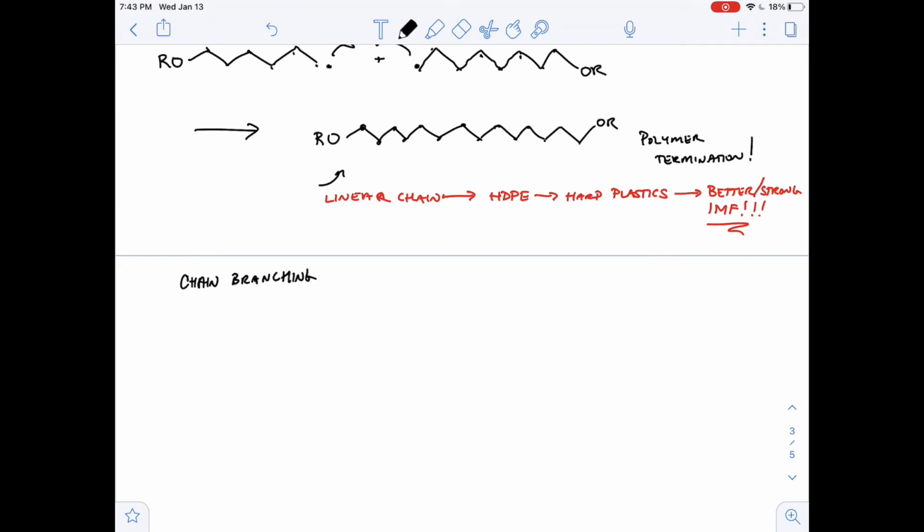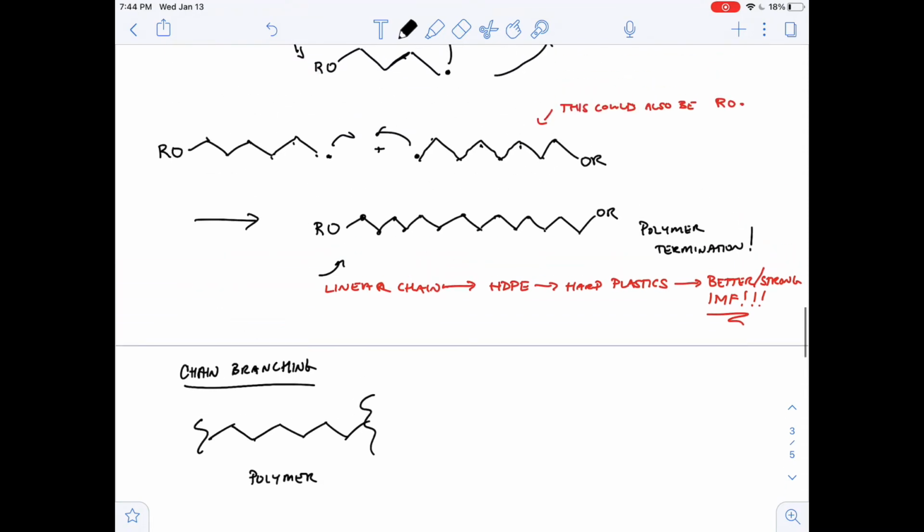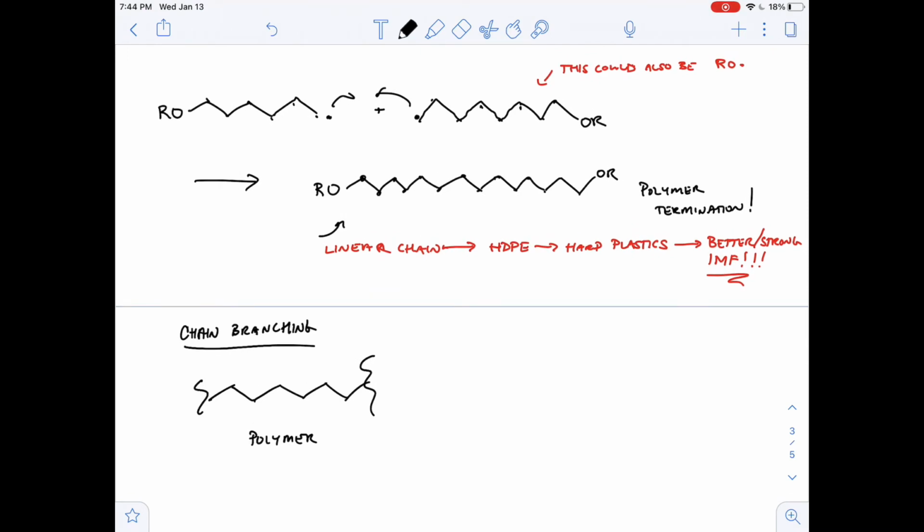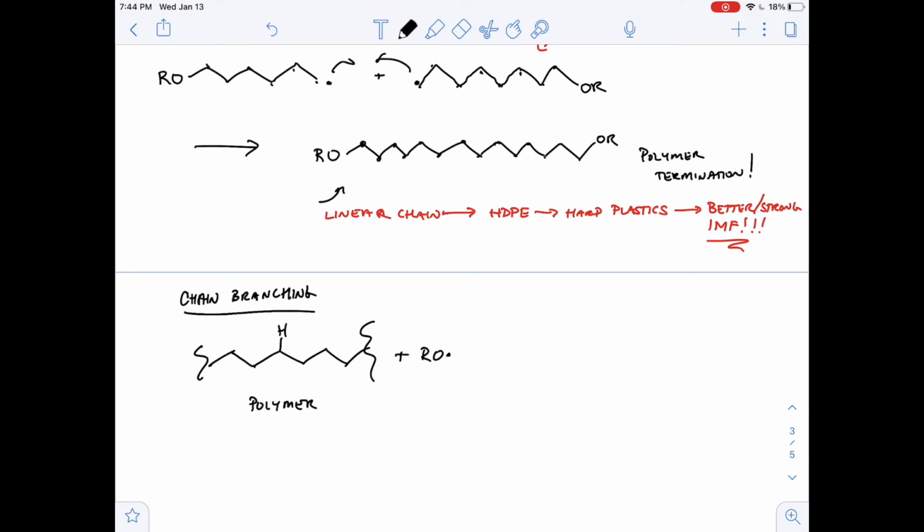But chain branching, on the other hand, will result in your low density polyethylene. So what is that, right? So let's say we had that polymer and it formed right here. I went ahead and cut it off on both sides just for clarity, but we got a hydrogen here, right? And we hit it with the RO dot.